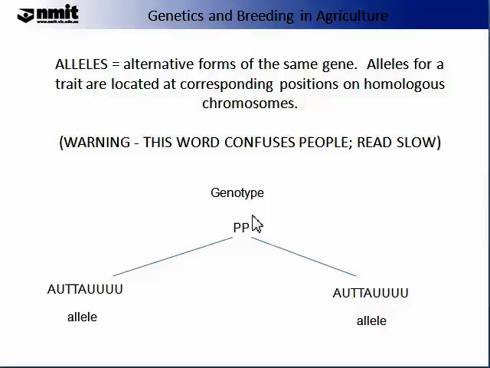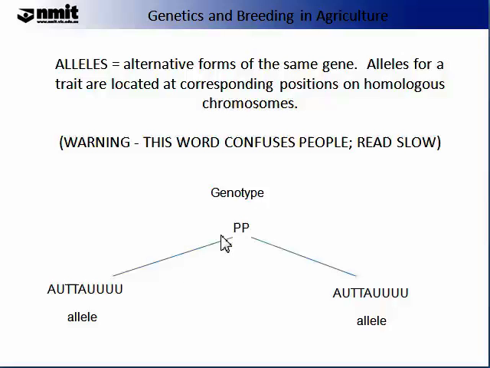If this is our example of our genotype, and our trait is represented by a P, one of these P's comes from the male and one of these P's comes from the female. The genetic code that produces this trait is described here as AUTTAUUUU, and it is the combination of all of these codes that gives us the allele.